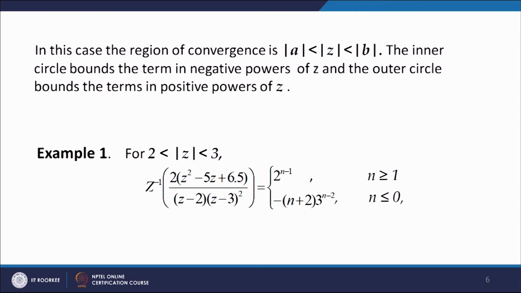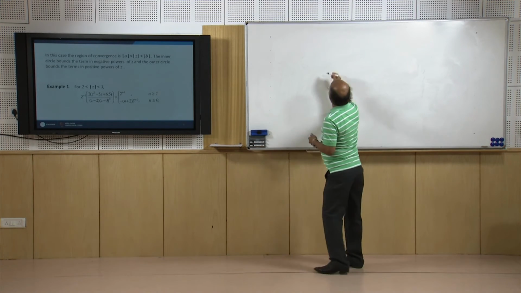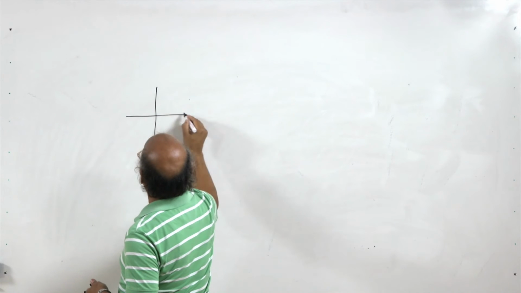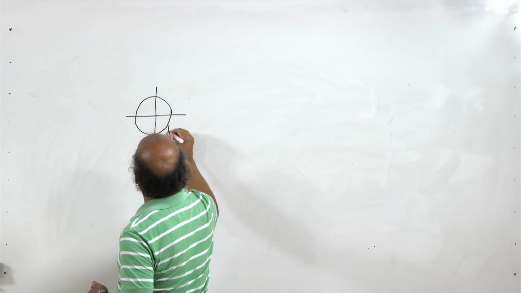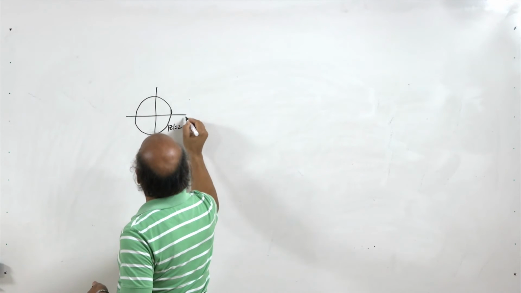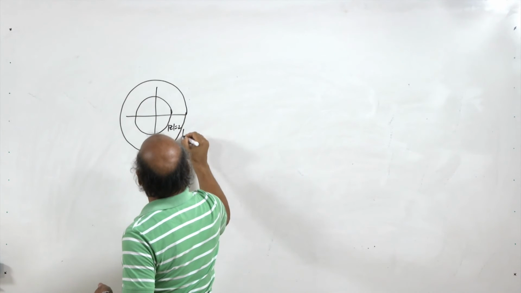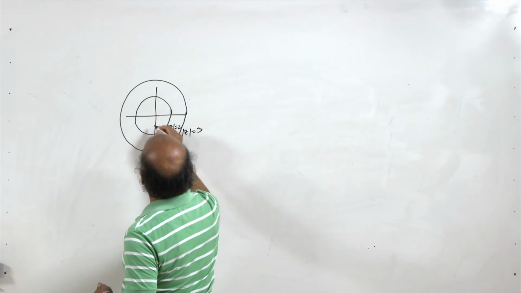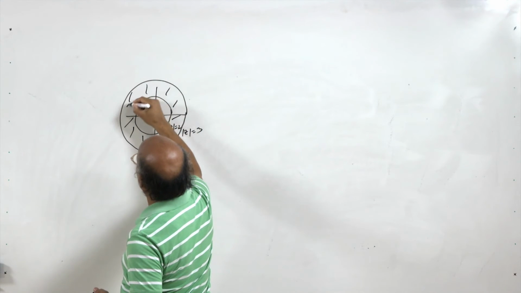So, for example, let us consider this 2 less than mod of z less than 3. So, it is an annular region, the region concentric to two circles, mod of z equal to 2 and then mod of z equal to 3. So, this region is the given region of convergence.